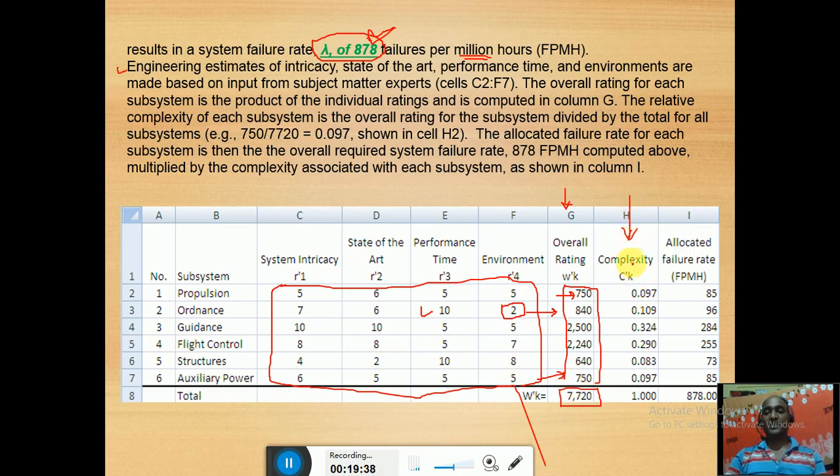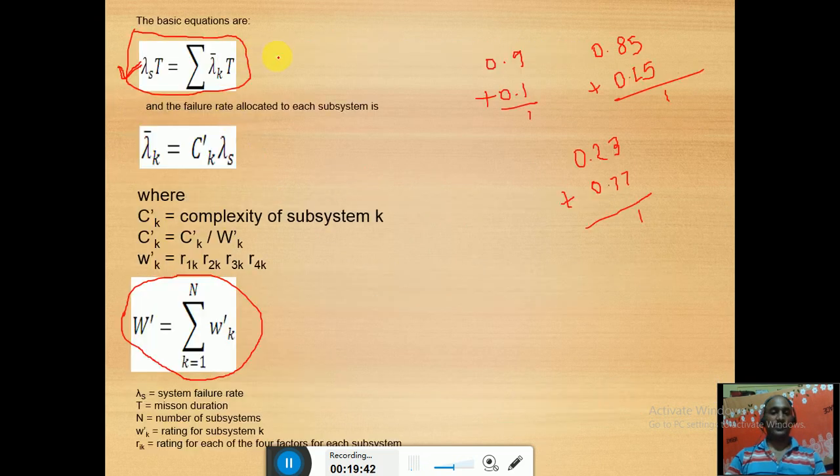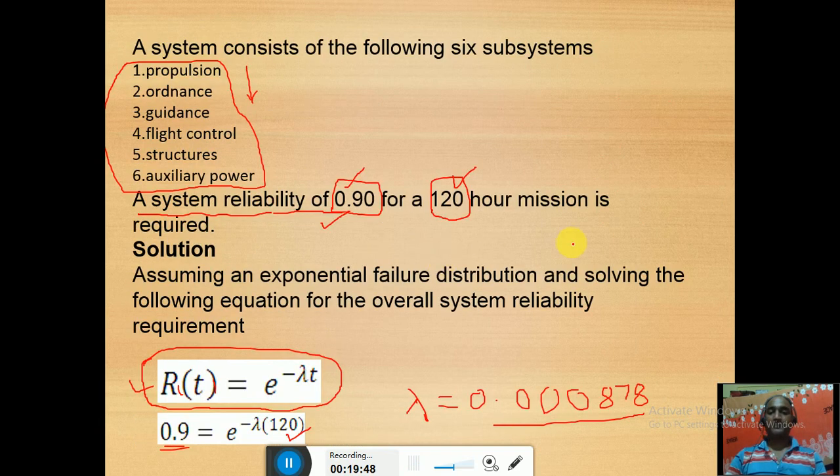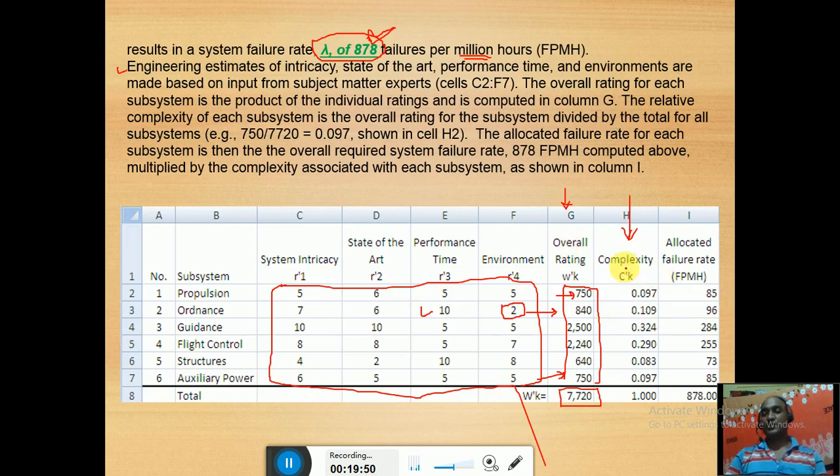Now you must be understanding what this C dash K and W dash K are, which we had written on these particular slides. You can come back to this slide and observe these values. So how do we find this complexity? Complexity means the percentage of complexity over the total.